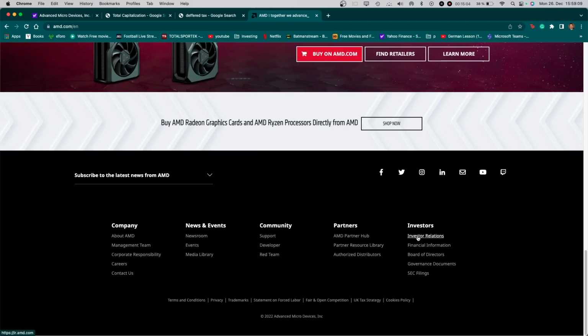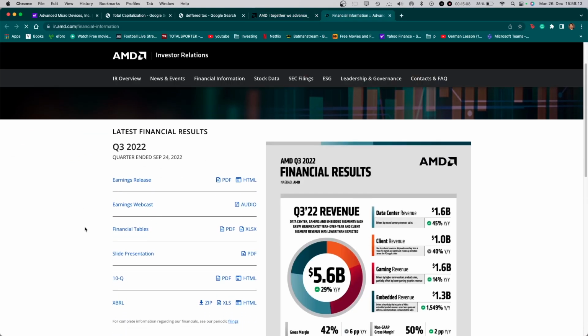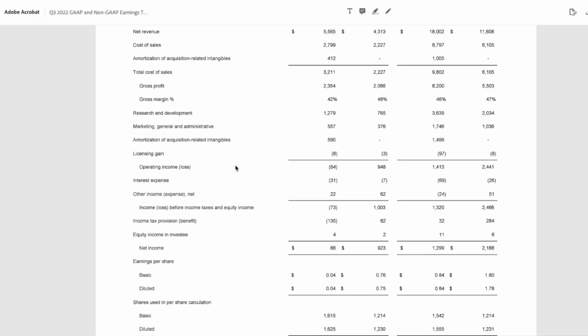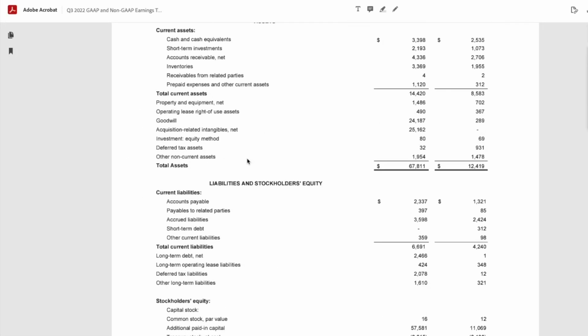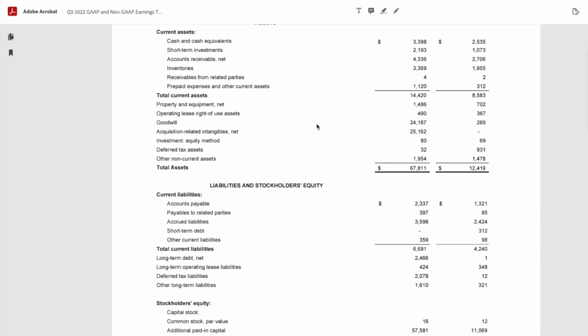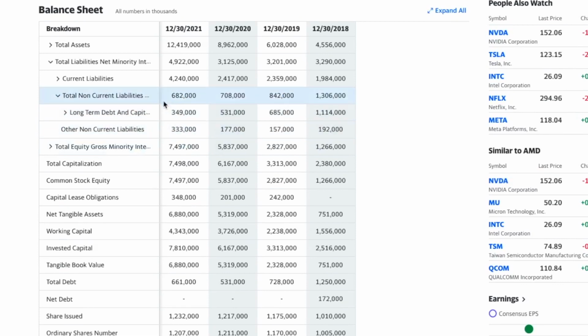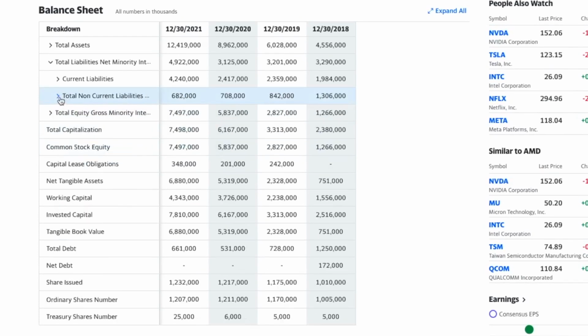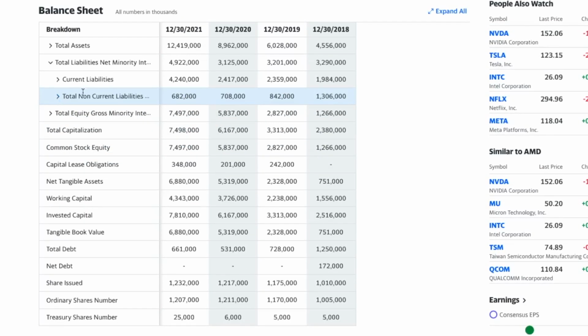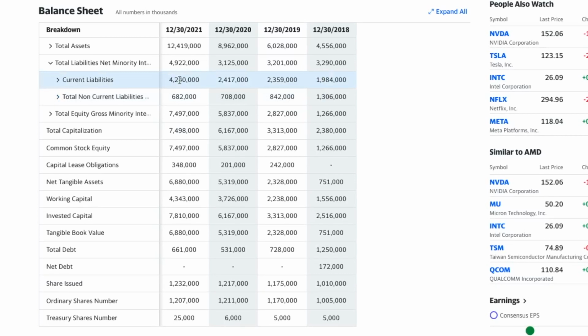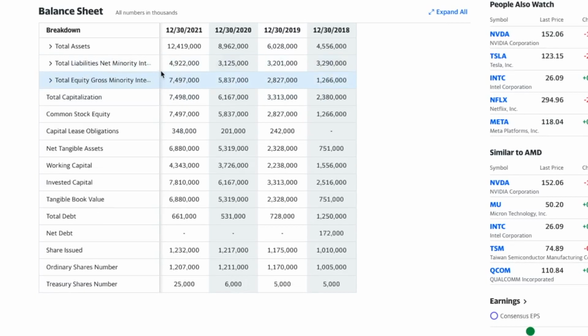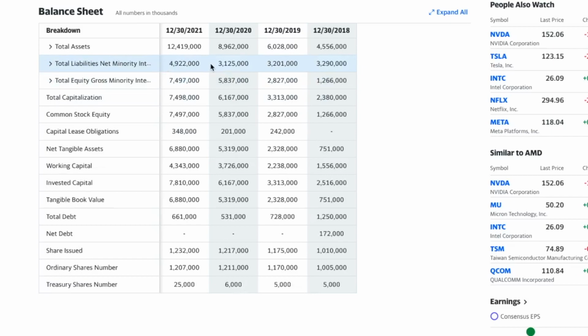Here you will see the financial information, and here you can go to the financial table, and go into more detail, and here you can see what the other long-term debt of the company is. So in total, the company has $682 million of long-term debt, and current liabilities of $4.2 billion, which adds up to a total of $4.9 billion.